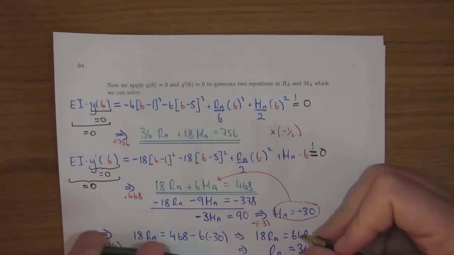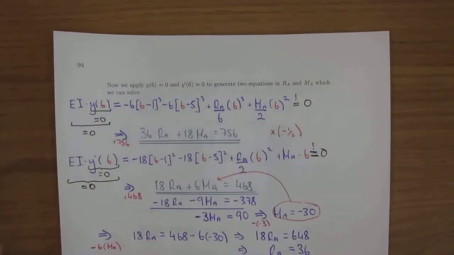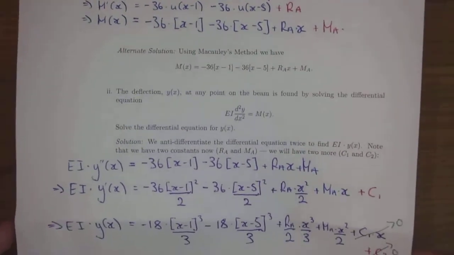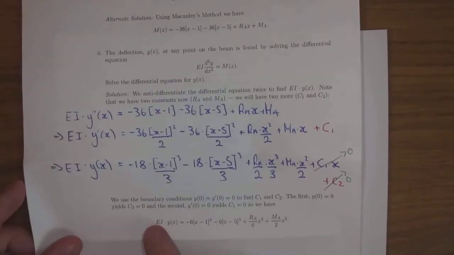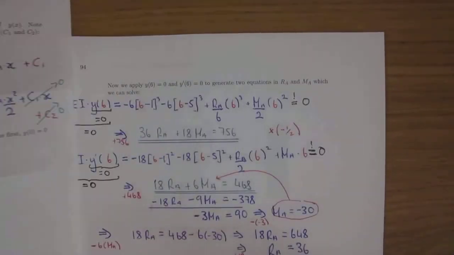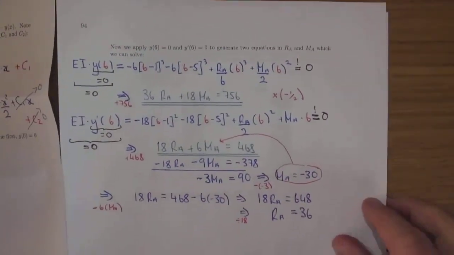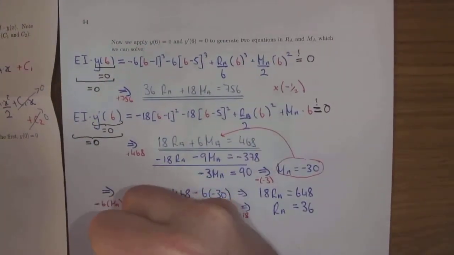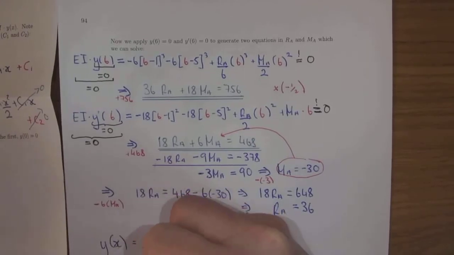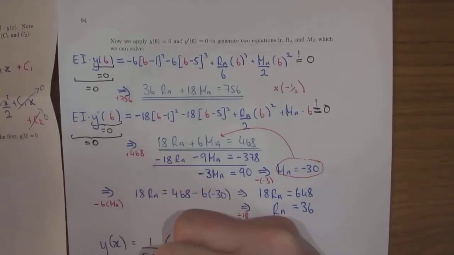Now the last thing, remember, we were asked to solve. I have to go fast now because I'm running out of time in the video. We're asked to solve for y of x. So divide both sides by EI. It's written on the next page now. Y of x, divide both sides by EI, or multiply both sides by 1 over EI.